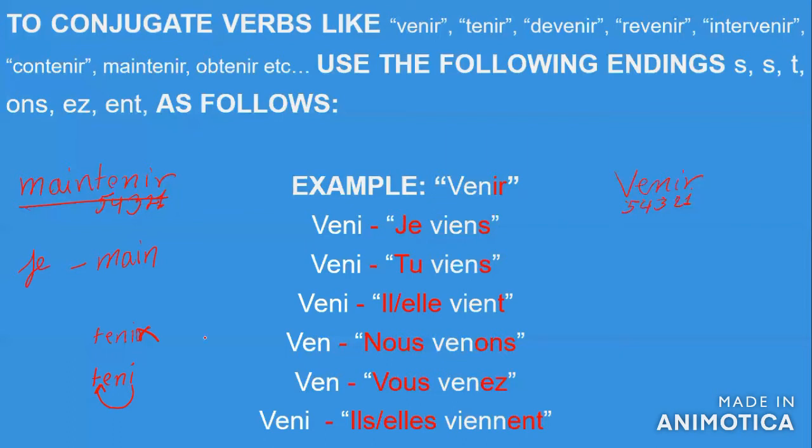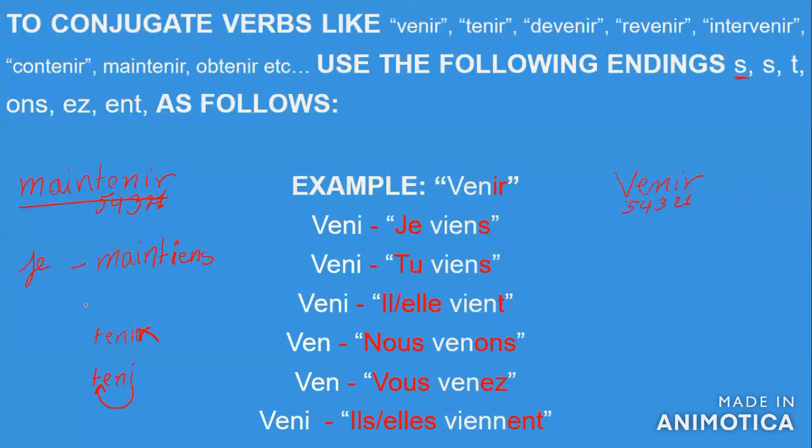And then you switch I right here, and that will give you, remember, 1 and an E, okay? And I should come right here, right? Then what else we have to do? We have to place that S on it as the termination, and you have je maintiens.